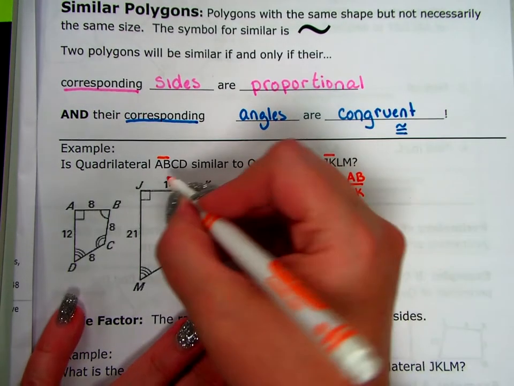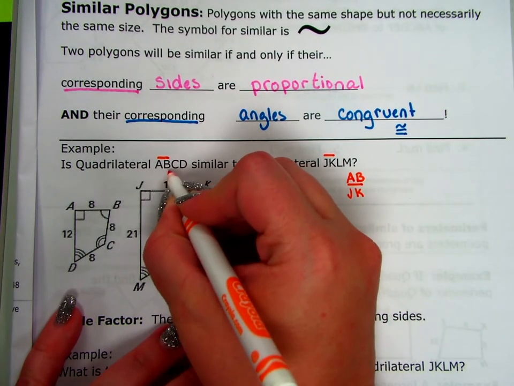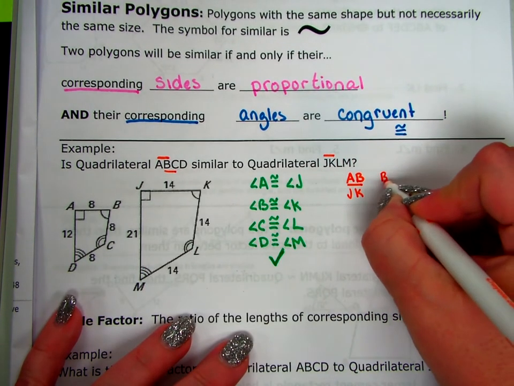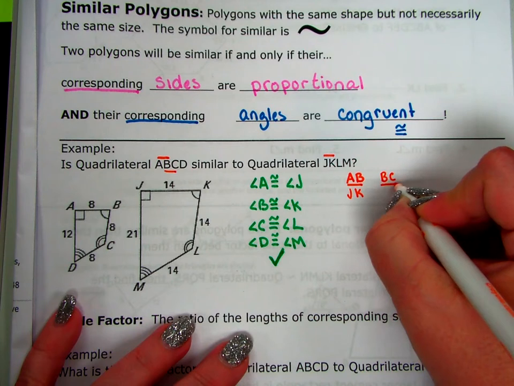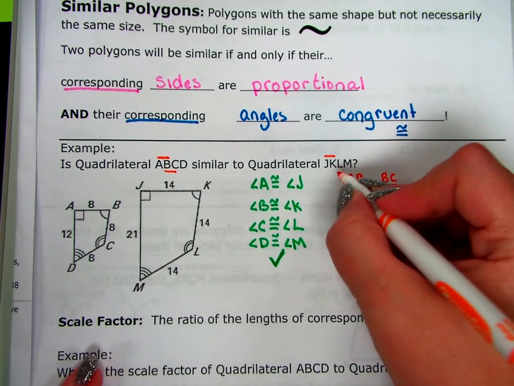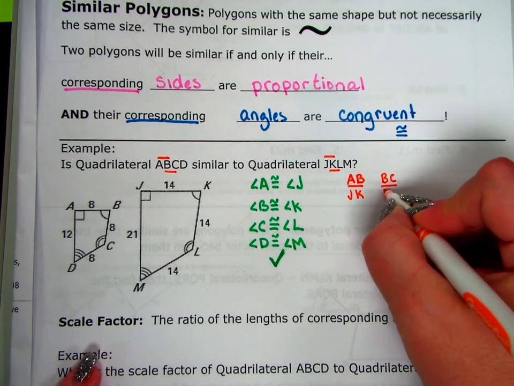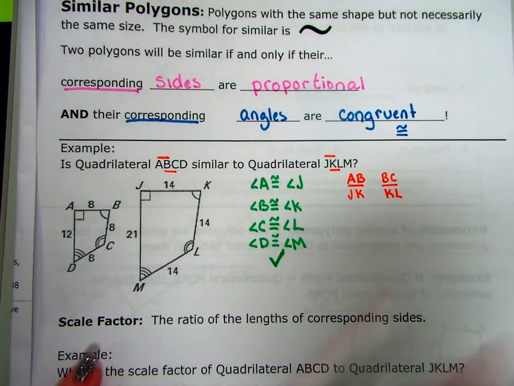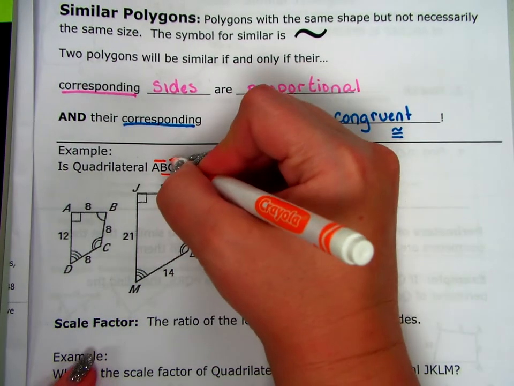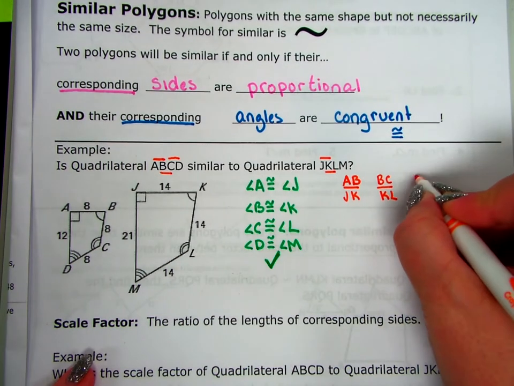So then I look at my next pair of letters. So after AB comes BC. Since it's first, it goes on the top. What is BC going to match up with? KL. Okay. Then my next 2 letters are CD.